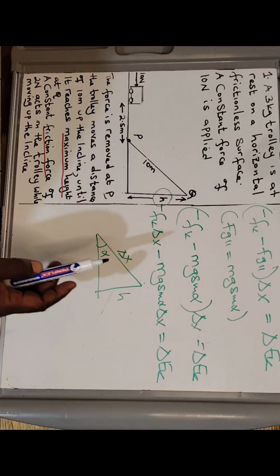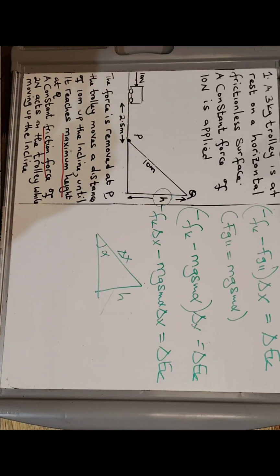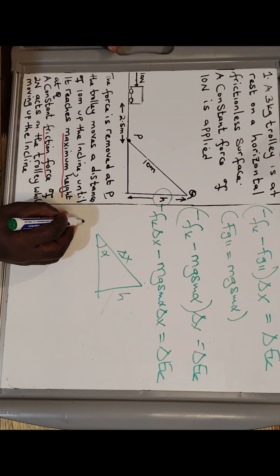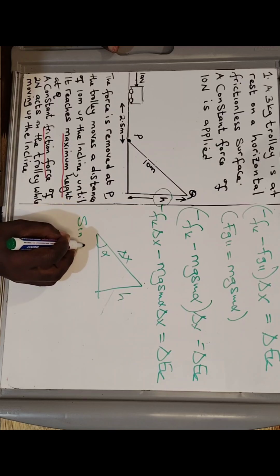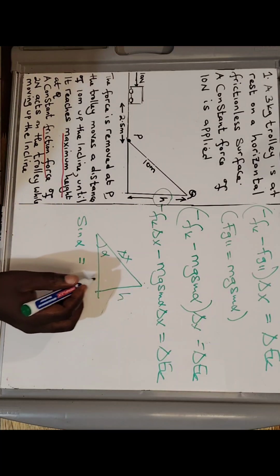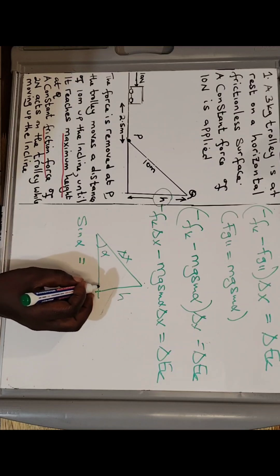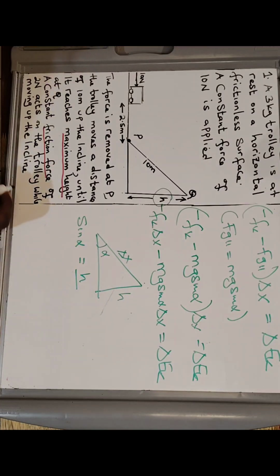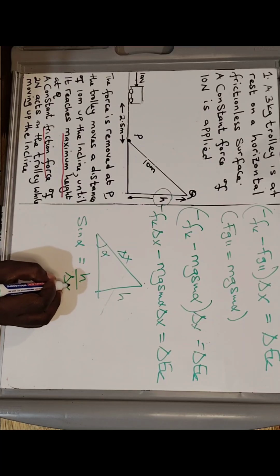So from the SOHCAHTOA or trigonometric ratios, we know that sine alpha is equal to opposite, which is h, over delta x.